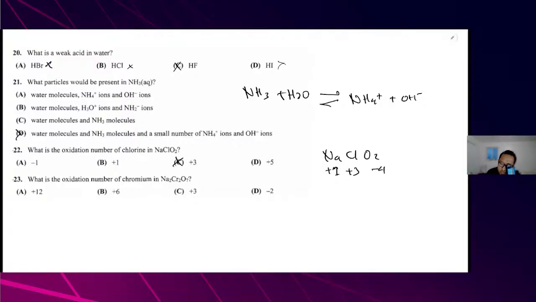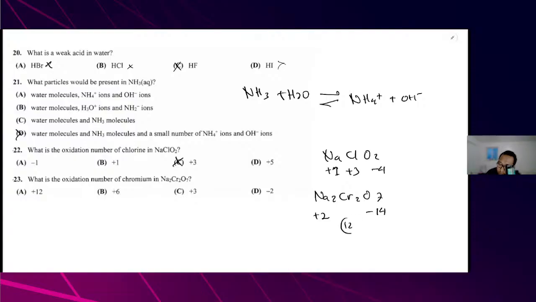What is the oxidation number of chromium in Na2Cr2O7? This one is -14, this one is +2. And then Cr2 will be what? It will be 12, right?